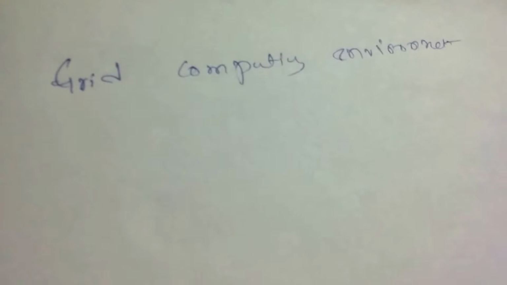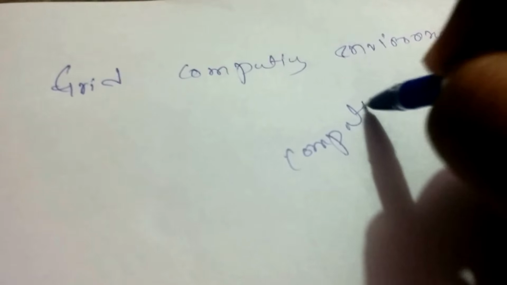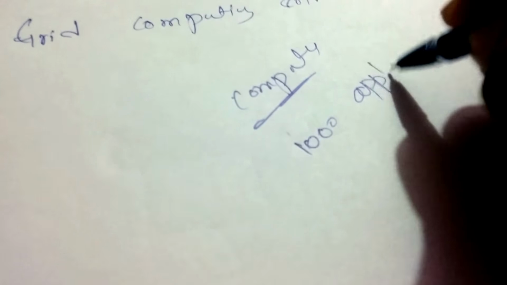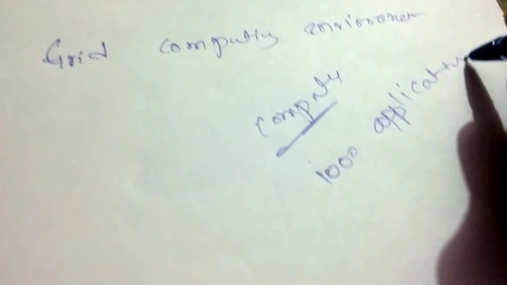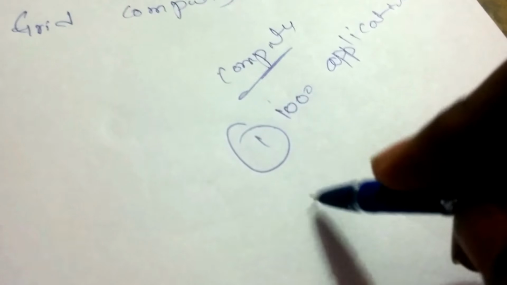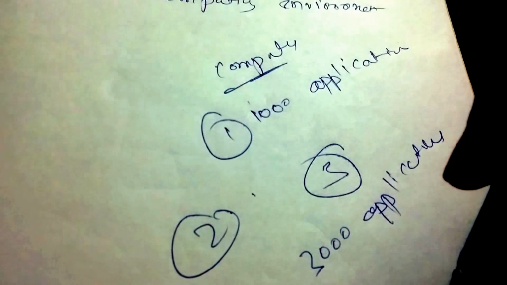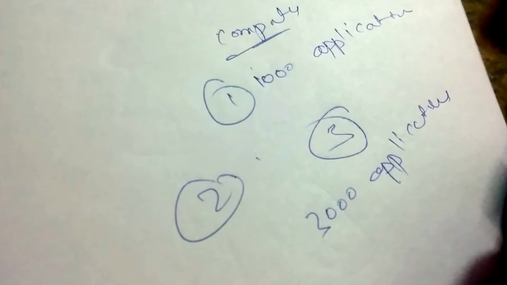Let's suppose a computer can perform a certain number of tasks. Let's suppose a computer can run 1,000 applications at once. One computer. If there are three computers, they together can run 3,000 applications, right? This is what we do in grid computing.